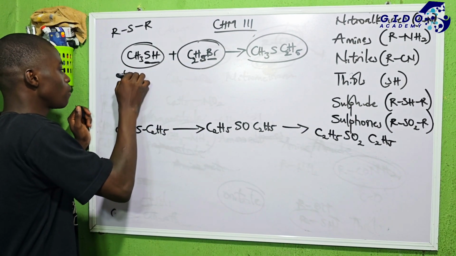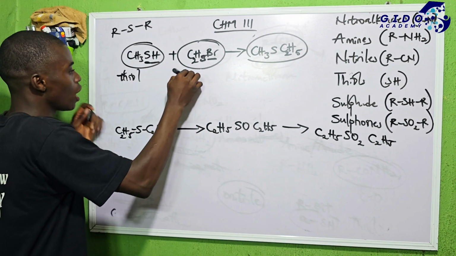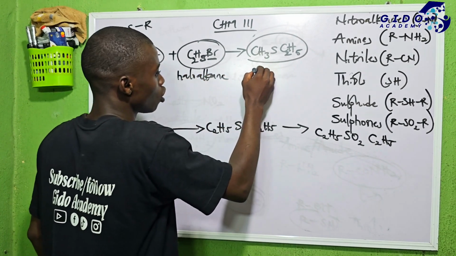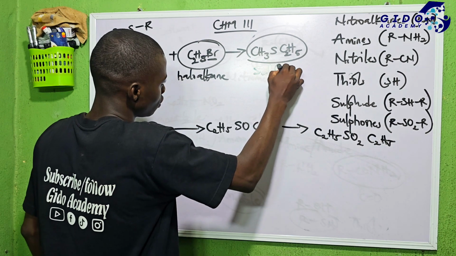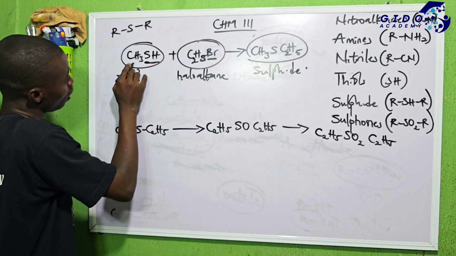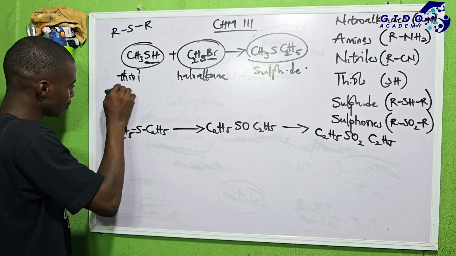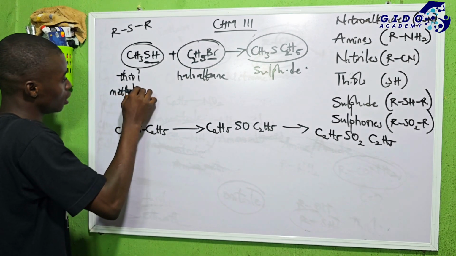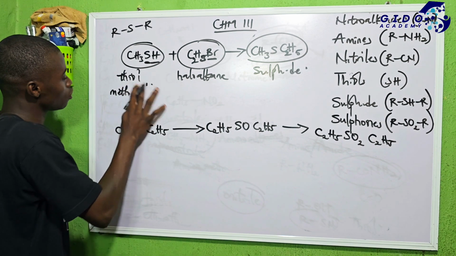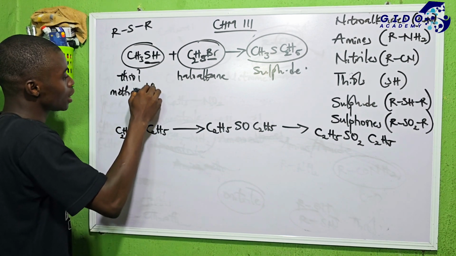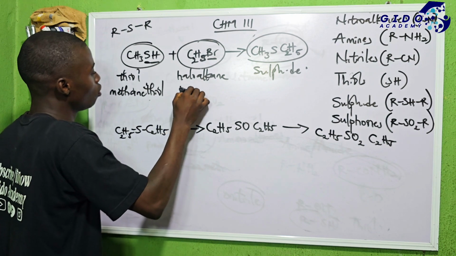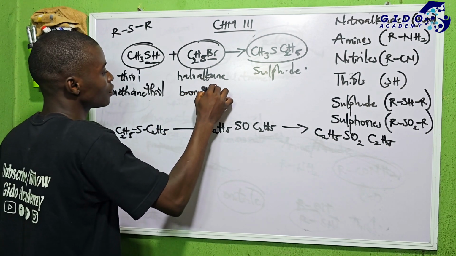When a thiol reacts with a haloalkane, the product that will be formed is called what? The sulphide. So an example of this reaction: this is methane thiol, and then this is bromomethane.